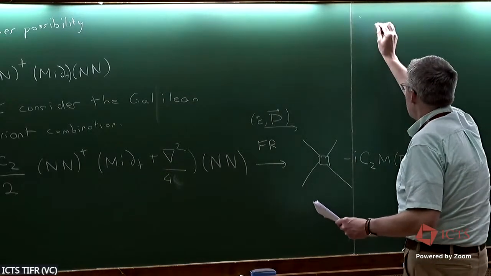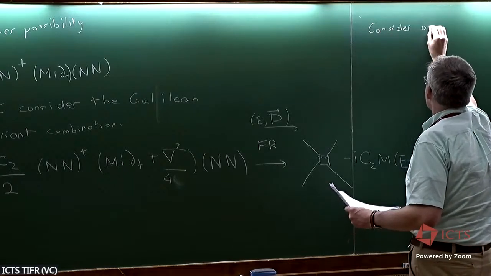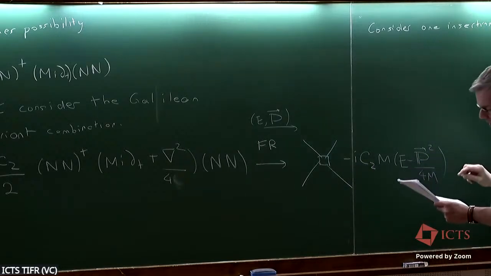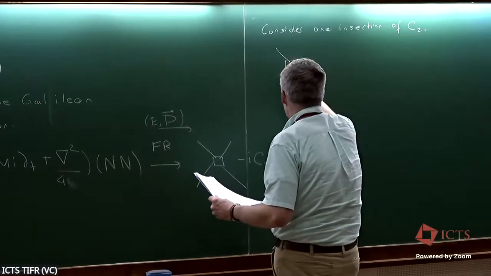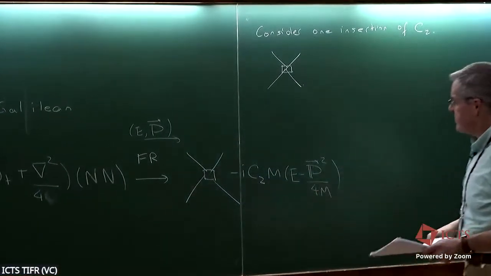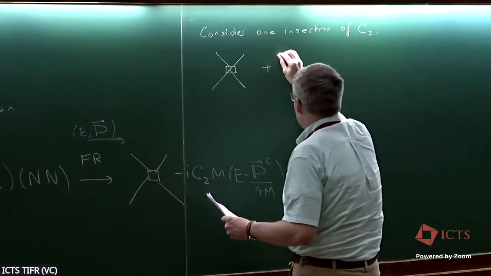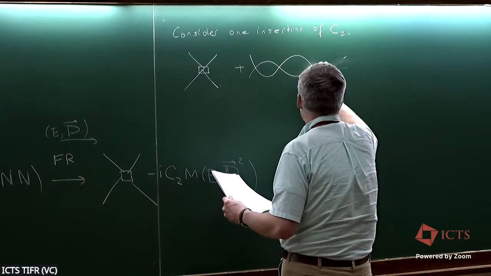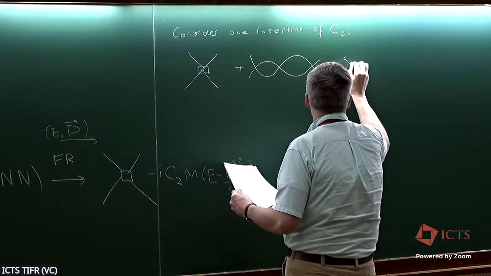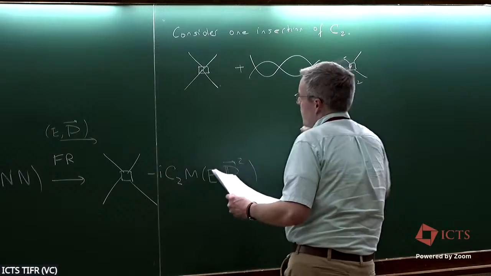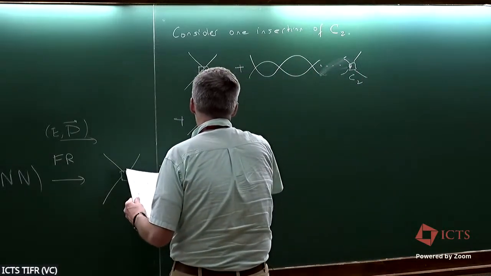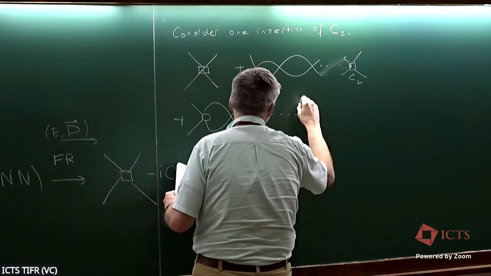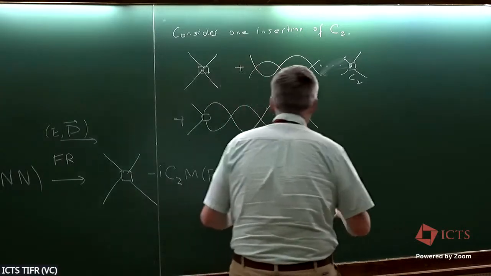All right. So we're going to consider one insertion of C2. So we could evaluate C2 at tree level, will just give us this. Since adding bubbles doesn't change the order of a graph, we can add an arbitrary number of bubbles before the C2. We can add an arbitrary number of bubbles after C2. Or we could add them both before and after.